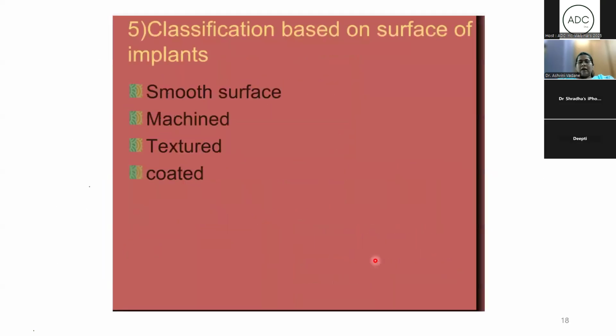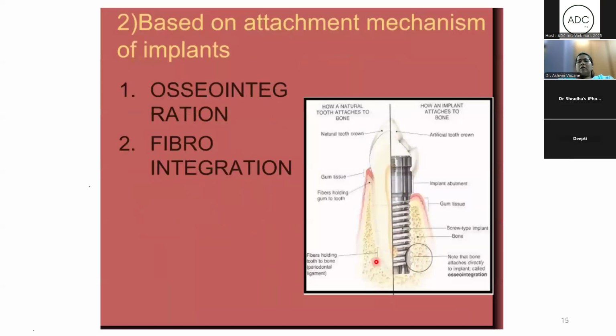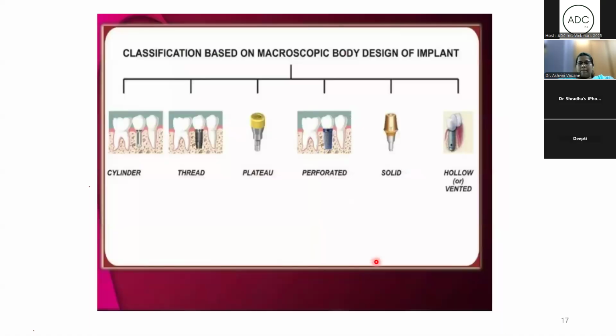So we have seen the classification of dental implants. The first one is based on the placement within the tissue. This is the most important one: endosteal, subperiosteal, transosteal and intramucosal. Then second is as per the attachment mechanism, so either osseointegrated implants or fibrointegrated implants. Then based upon the materials used, metallic implants and non-metallic implants.